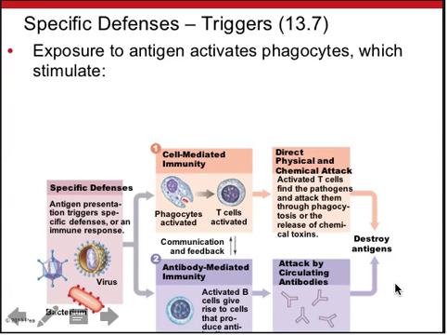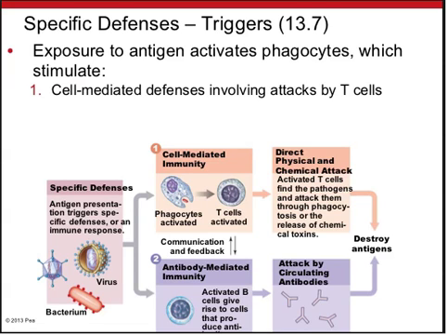Okay, so let's take a look at your specific defenses and what triggers them. Exposure to an antigen will activate phagocytes, and they will internalize the invader and chop it into little bits and present those little bits on the membrane surface along with a protein called a major histocompatibility protein.